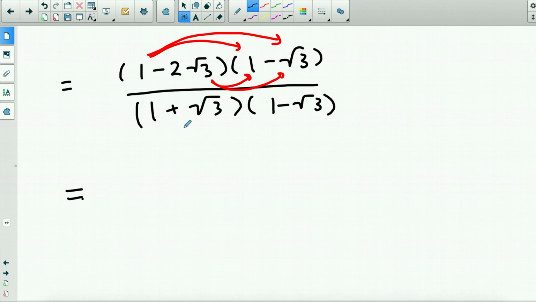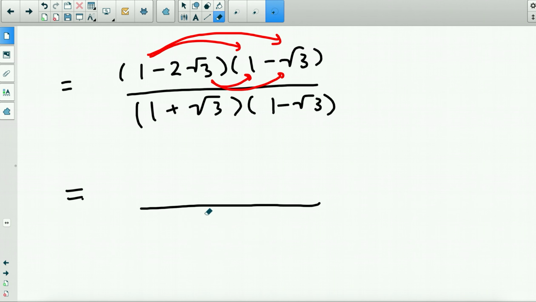And the denominator is just using the rule for the difference of two squares. So for the denominator, you'll end up with squaring the first one and then minus squaring the second one, which is 1 minus 3, which is just simply negative 2.